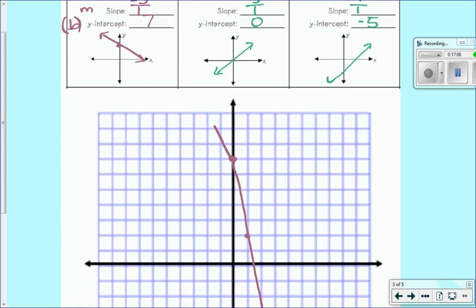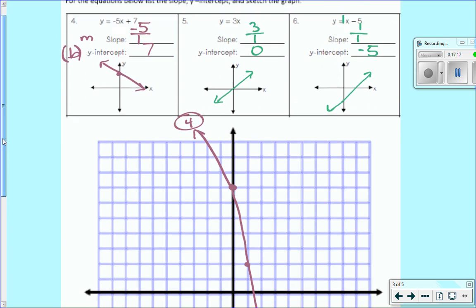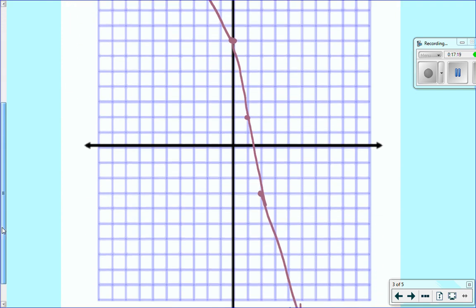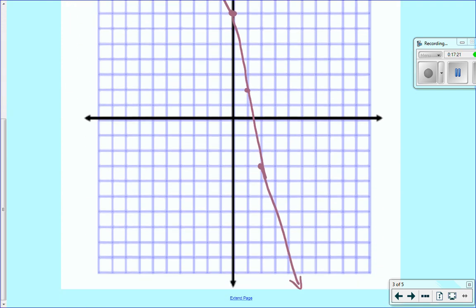We're going to label this line as number 4, and what's our equation? Y equals -5x plus 7. So that line represents y equals -5x plus 7.